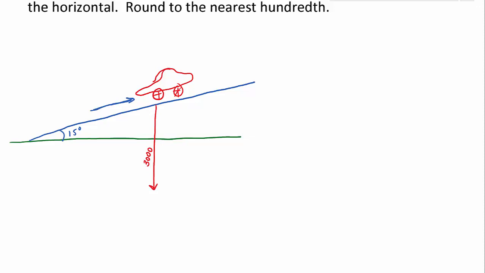All right, the next thing I'm going to do is create a vector that is perpendicular to our incline. I'm going to have it start right here and draw it down. And this is going to create a right angle right here. All right, so what I'm trying to find is the force, this blue vector.